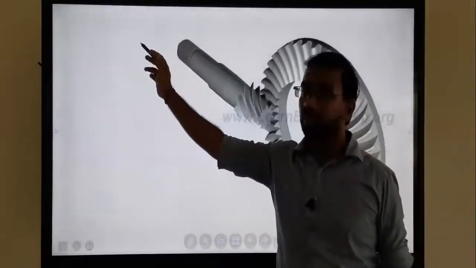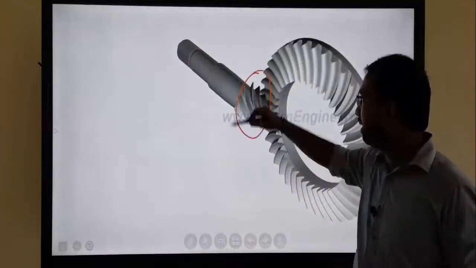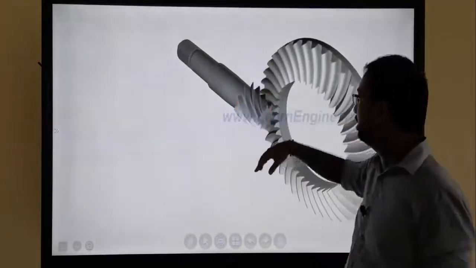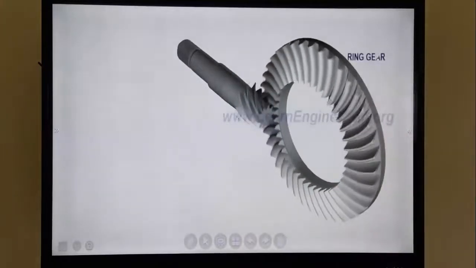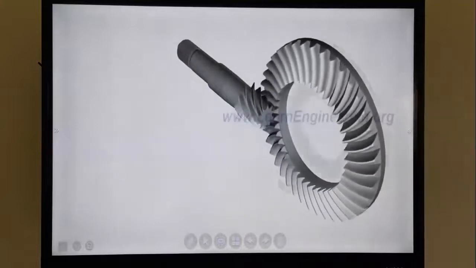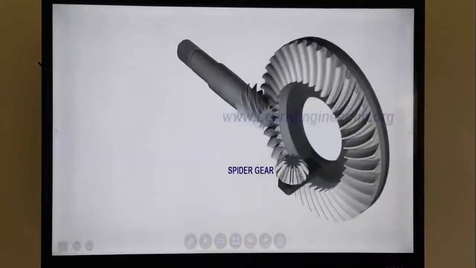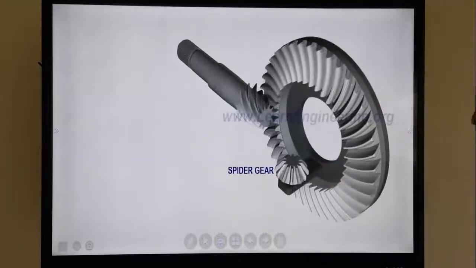There is an output shaft, and at the end of this output shaft there is a pinion gear. This pinion gear is meshed with this ring gear. In the ring gear there is an extra gear, which we call a spider gear.